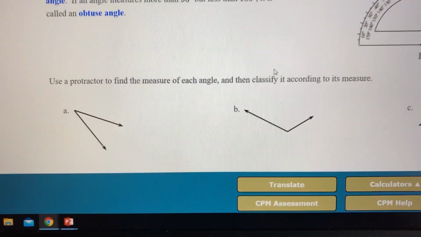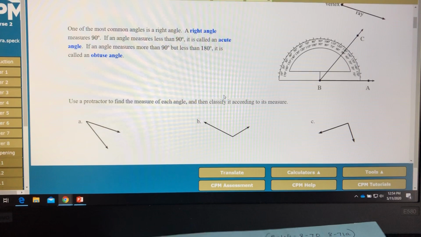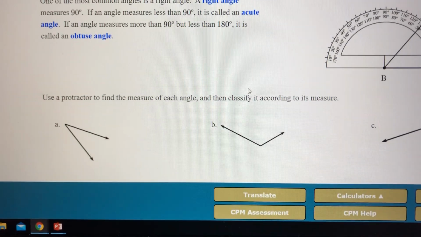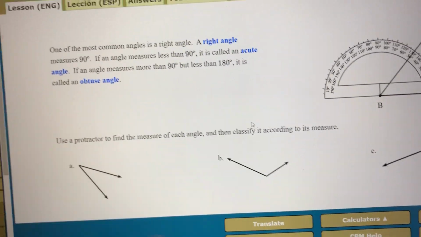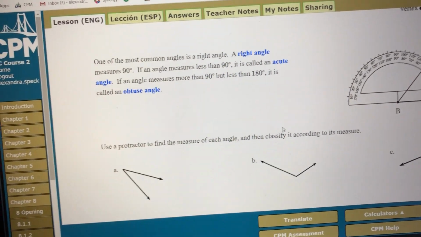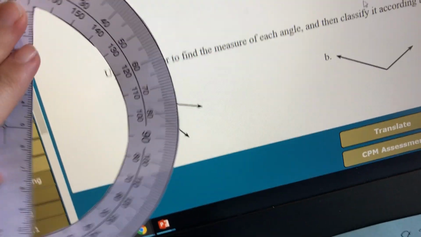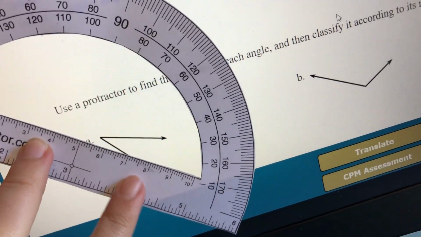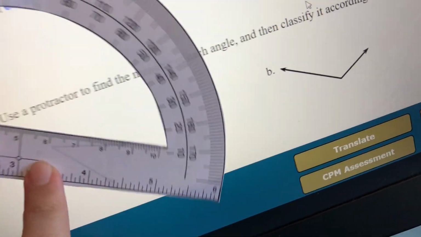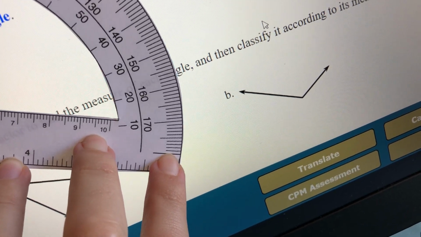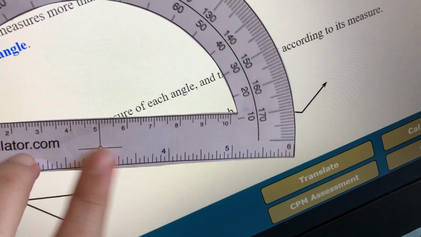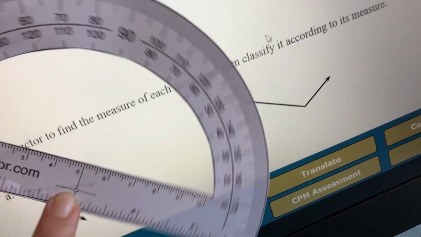Let's use my protractor now to find the measure of each angle, and we're going to classify it according to its measure. I'm going to do my best to do this one-handed, and it's going to be quite interesting. So here's my 0 degrees, or my 180 degrees, right here. It's actually in the middle of this little ruler where that tiny dot is.